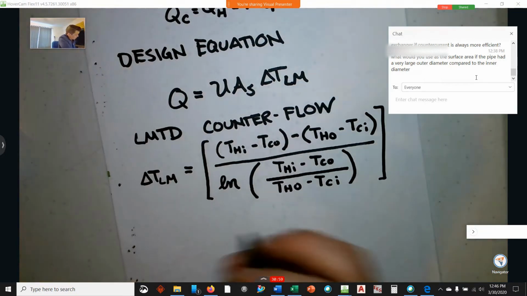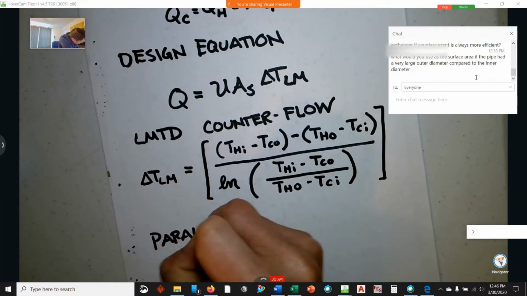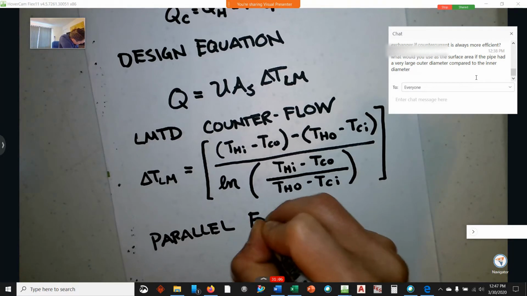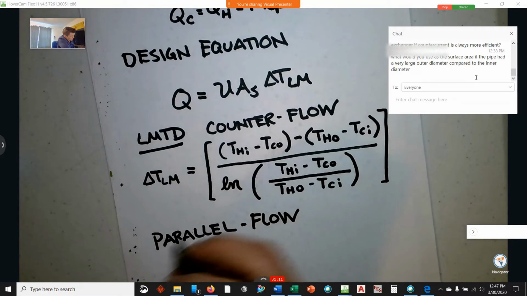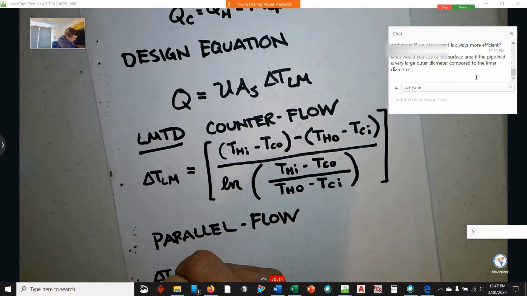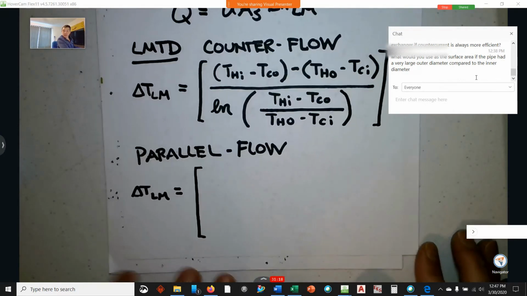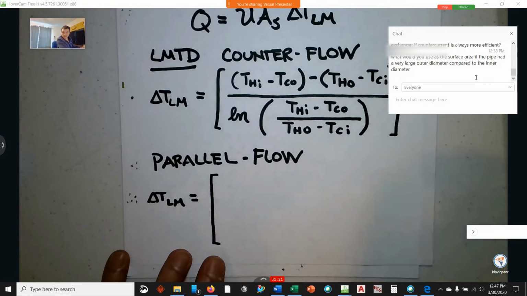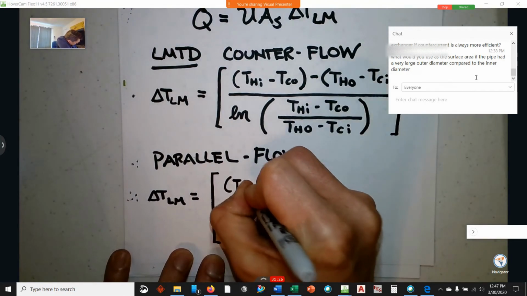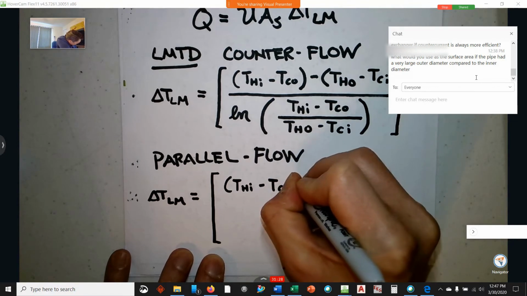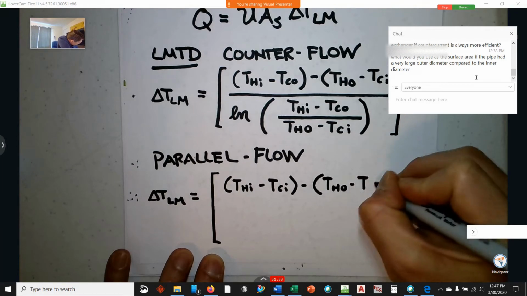All right, and then for the parallel flow heat exchanger, the log mean temperature difference is THI minus TCI minus THO minus TCO.